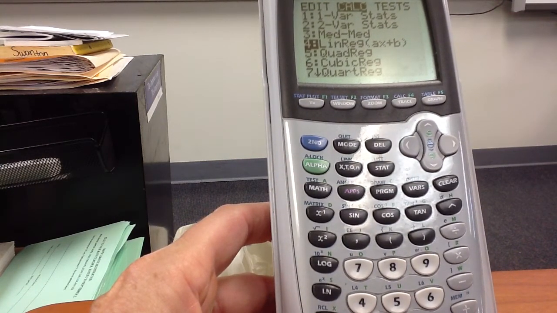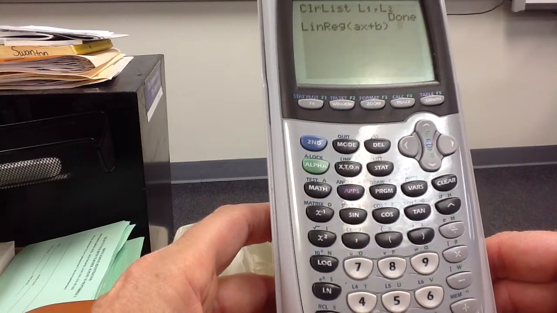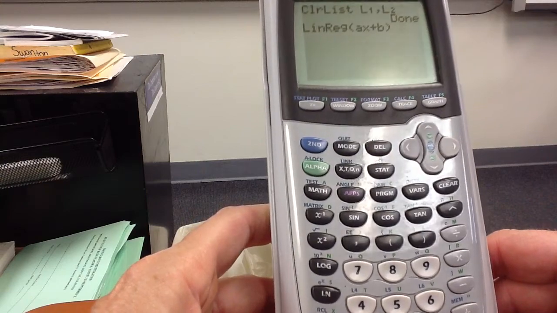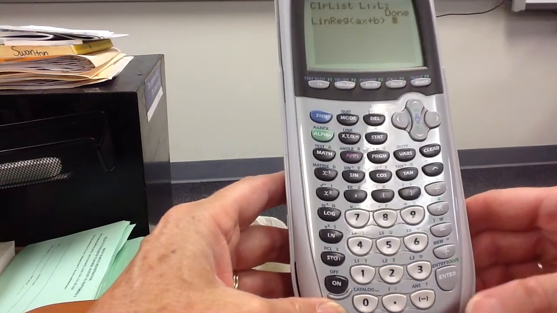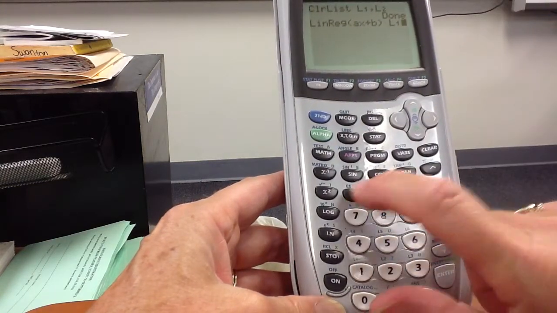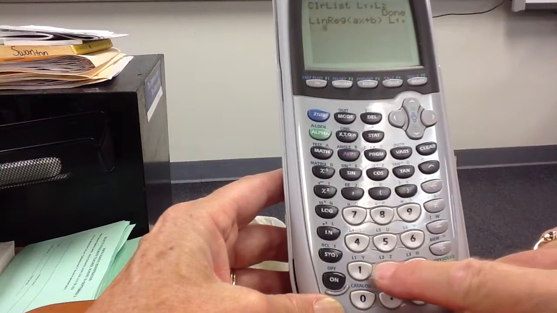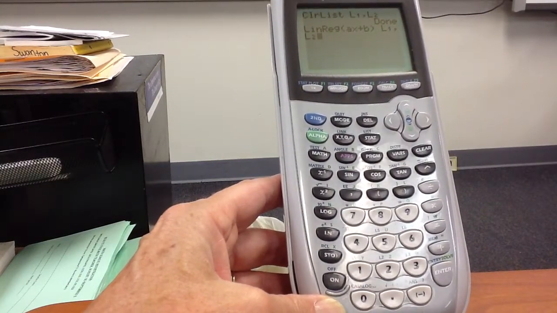But ours was a line, so we're going to hit linear regression and enter. Now the calculator is asking what you want it to do a linear regression on. Again, we want it to do a linear regression on L1, comma, L2. Those are the columns of data that we want it to operate on.